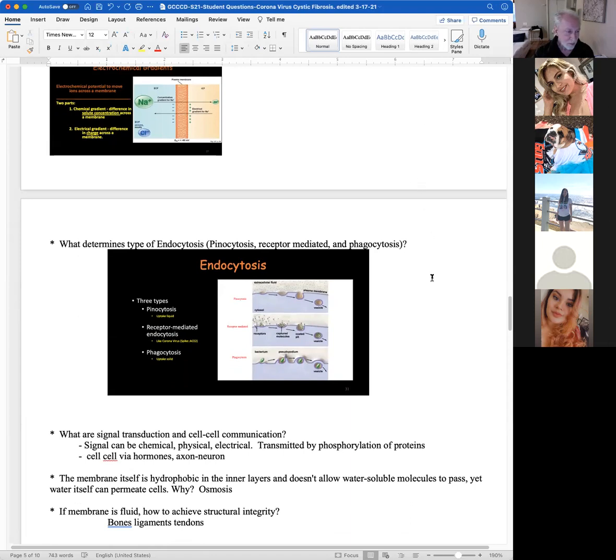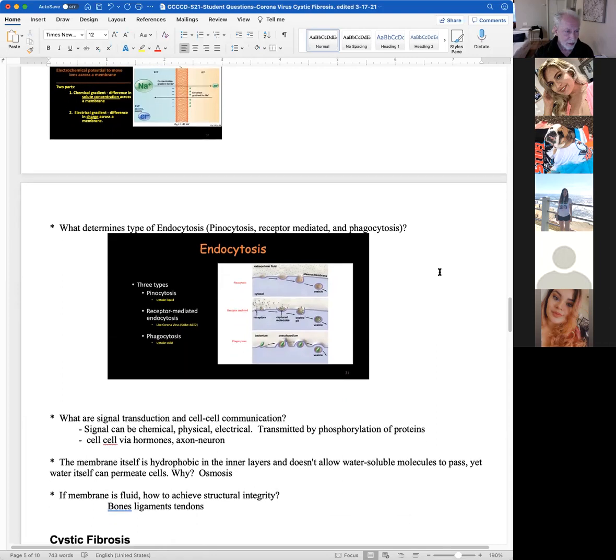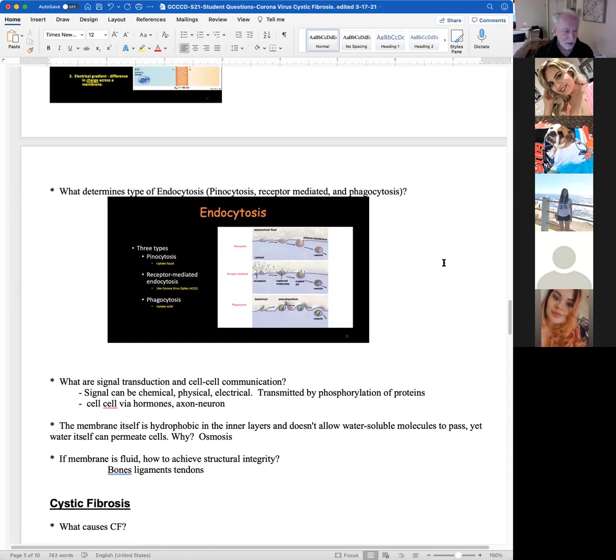Another question, what determines the type of endocytosis that it is? Is it pinocytosis, receptor mediated, or phagocytosis? Well, you have a ready reference point with receptor mediated endocytosis by recalling coronavirus, the spike protein binding to the ACE2 receptor.